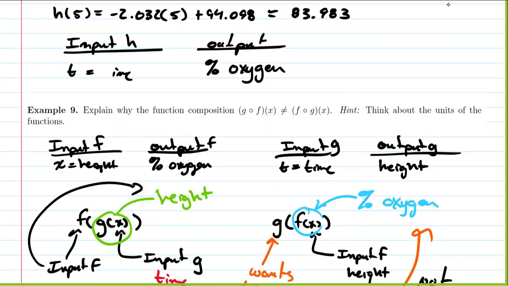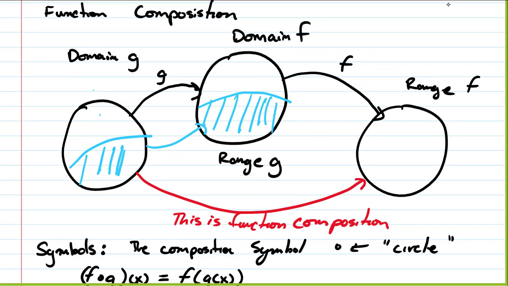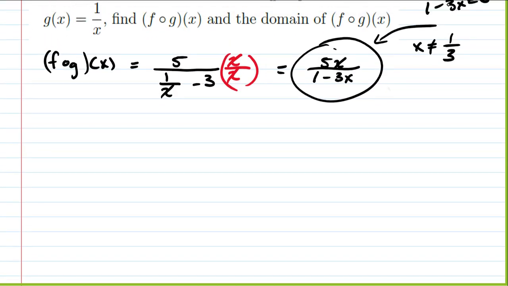So let's go back to our diagram. I mentioned it in words, but now we'll write some stuff down. So we have this thing in blue happening. What we're really concerned about is we may need to restrict the domain of G so that the range of G is in the domain of F. So that's really our key idea.